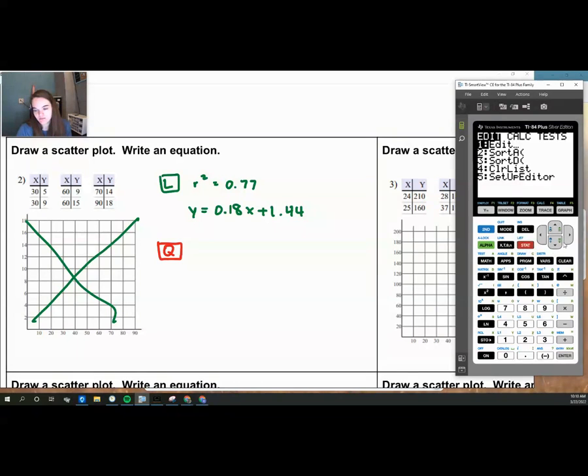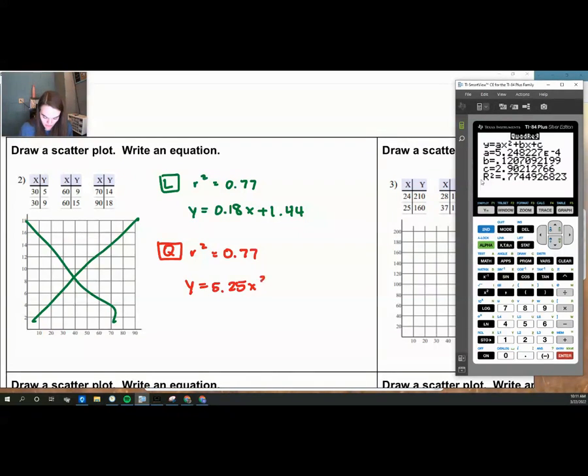So stat, calculate, number 5. Okay, so r squared is still 0.77 on this one. Y equals 5.25 x squared. We're going to go ahead and write 0.774 on this. We'll have to go back and see. Maybe a linear might be closer. Hopefully we won't have to make that decision.